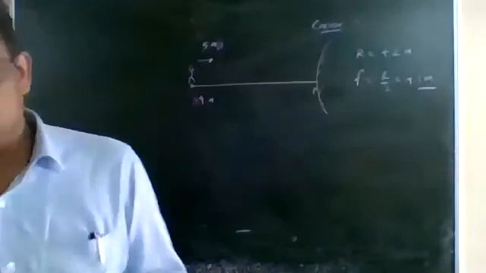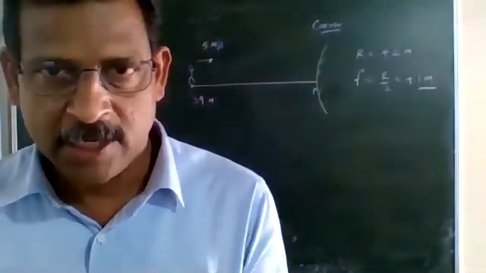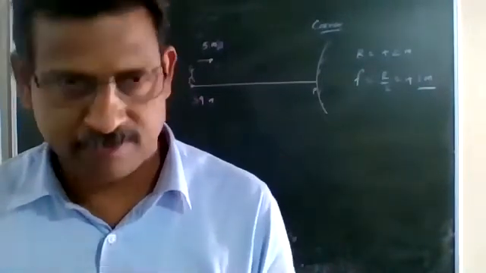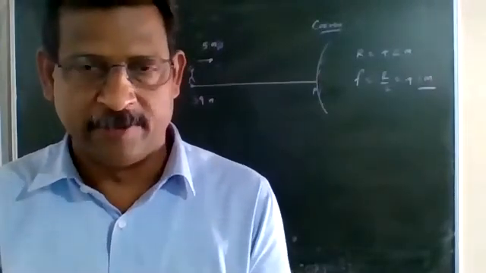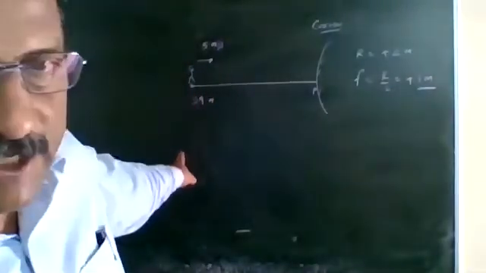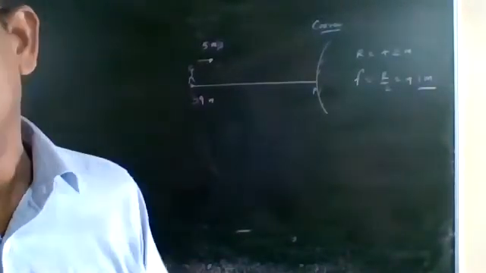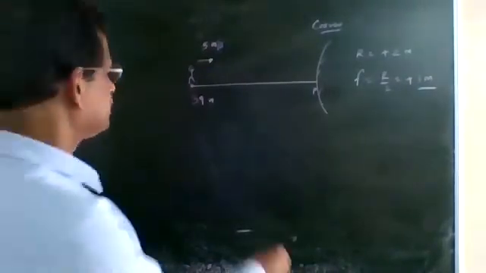You are in the car and you are observing its image in the mirror, and you have to find out at what speed the image is approaching towards you. So we have to do this numerical in 2 parts. First, the object is now at 39 meters. Where will the image be formed in the convex mirror? That is the first part.